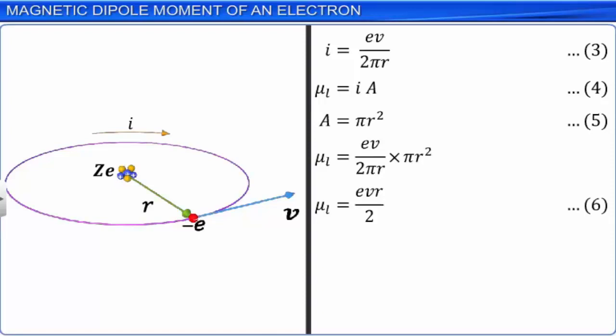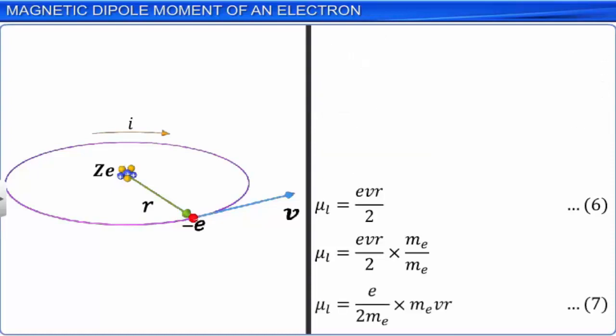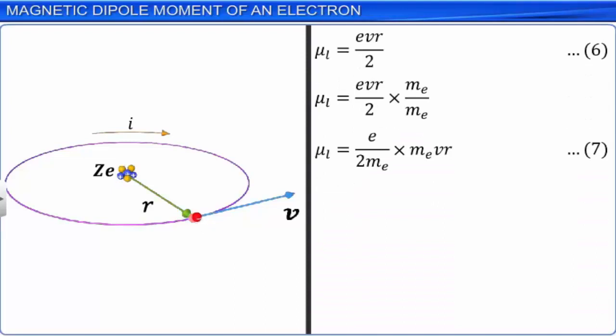Multiply the numerator and the denominator of equation 6 with the mass of the electron, me. Rearranging the terms of equation 6 as shown, we get equation 7. The electron is in circular motion around the nucleus.